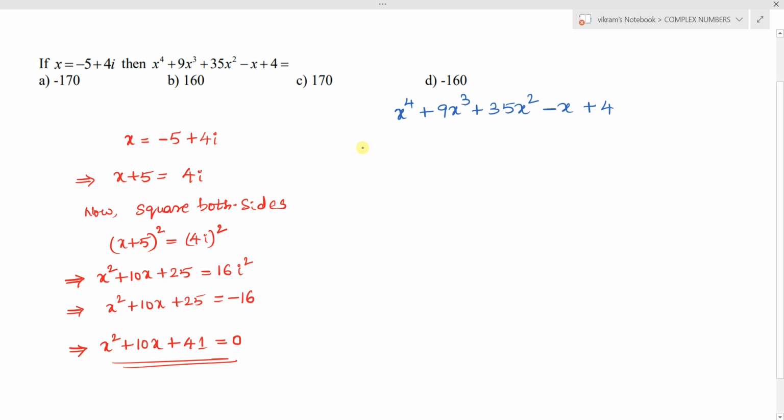Now we'll try to simplify this in terms of the result x square plus 10x plus 41. If we take x square common, we will get x square into x square plus 9x.